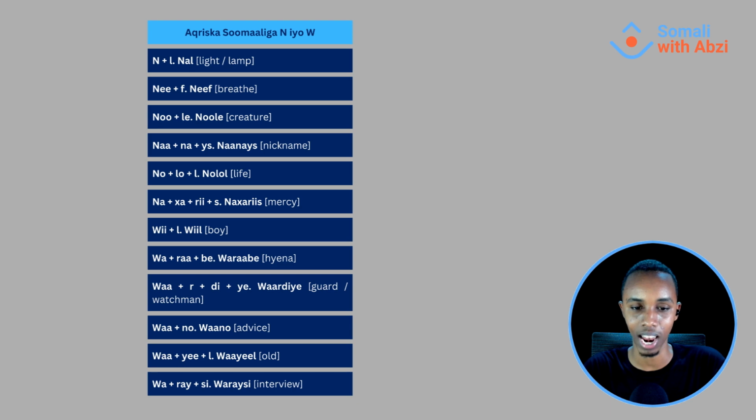We plus la, wheel. W plus ra plus be, waraabe. W plus ra plus di plus ye, waardiye. W plus no, waano. W plus ye plus la, waayeel. W plus rey plus si, waraysi. I hope that was very helpful for you.